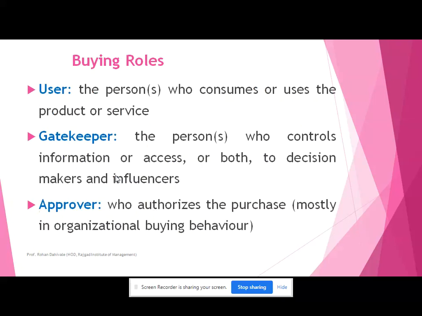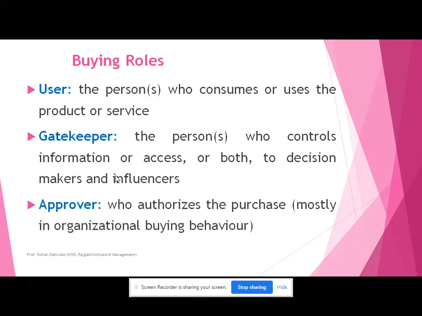The next is the user. Who is the user? The person or persons who consume or use the product and services are called users. The next is the gatekeeper. The person or persons who control the information or access or both to decision makers and influencers are known as gatekeepers. And lastly, the approver.